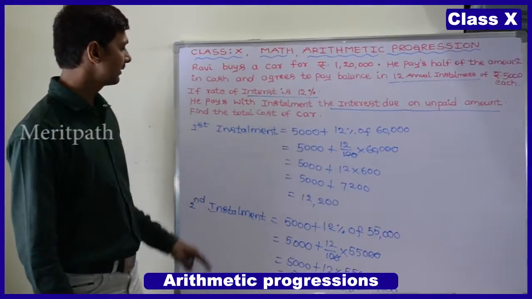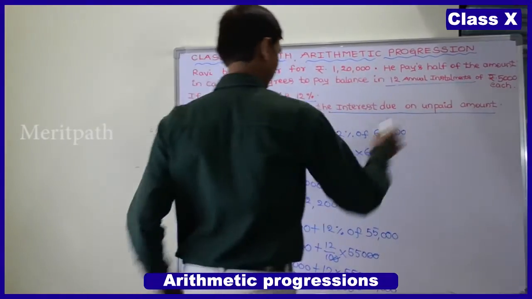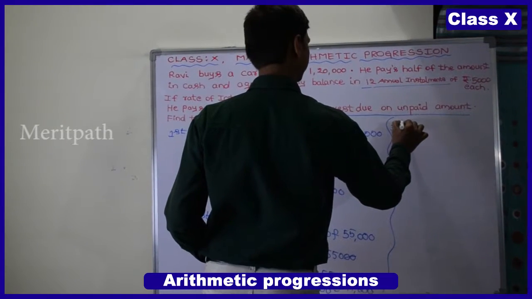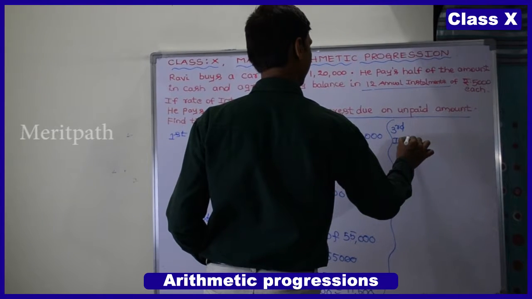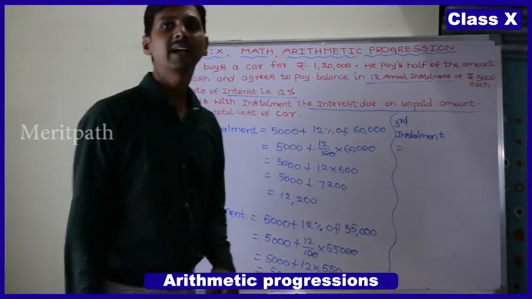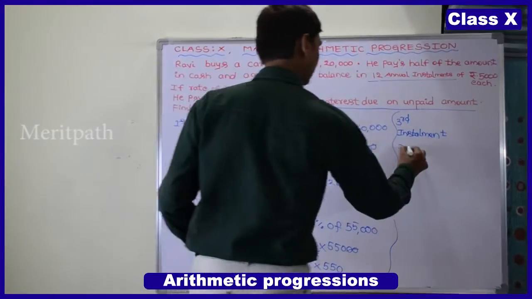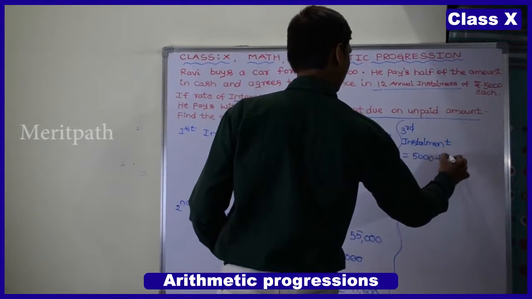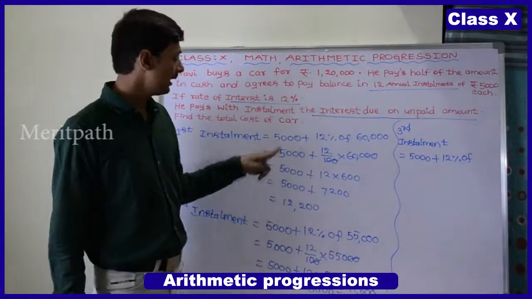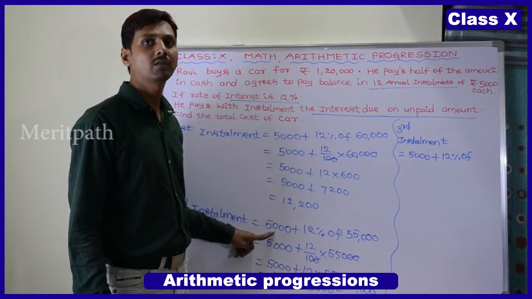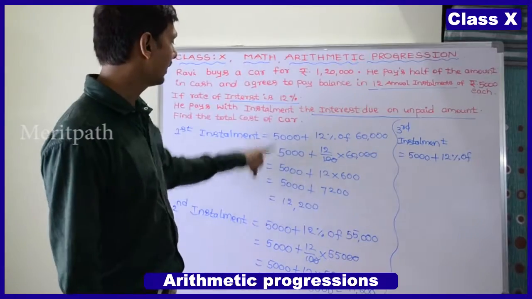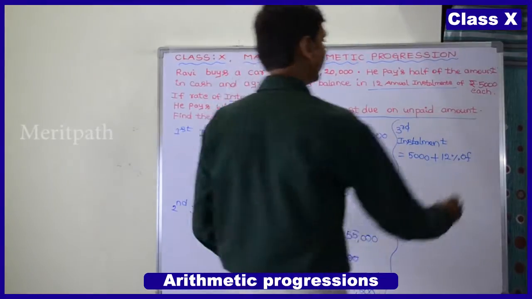So after completing the second installment, the third installment: 5,000 rupees is a constant there. So 5,000 plus 12% of the unpaid amount. He already paid 5,000 and 5,000, so 10,000 rupees are completed. Out of 60,000, 10,000 is completed, so 50,000 will be left out.